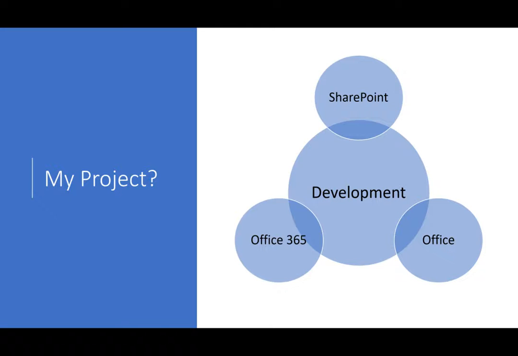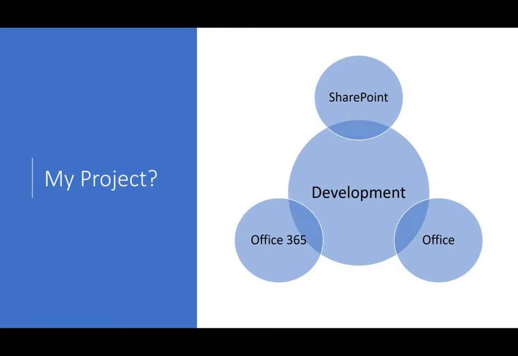Now, all these scenarios fall in different categories. Some scenarios qualify for your SharePoint add-ins, some qualify for your Office add-ins, and some qualify for your Office 365 applications. They are very closely related in your development stack in Office 365, and it always confuses what to select.